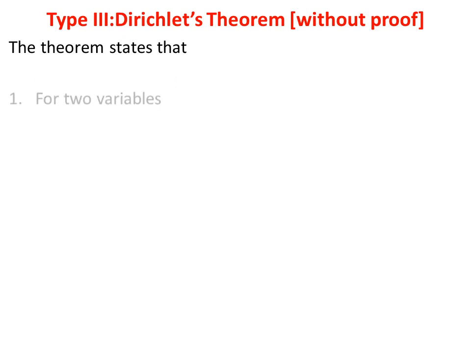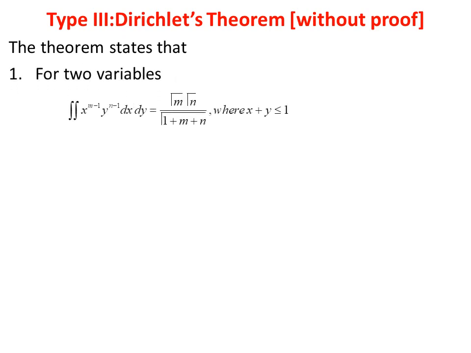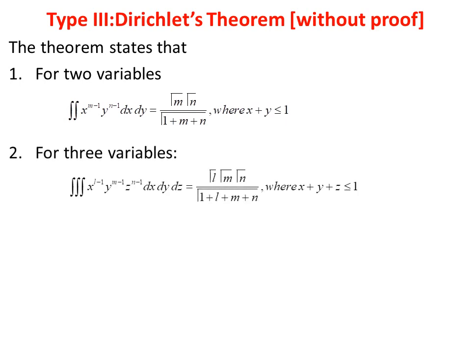The theorem states that for two variables, double integration x raised to m minus 1 y raised to n minus 1 dx dy, we can evaluate directly in terms of gamma function of m into gamma function of n upon gamma function of 1 plus m plus n if x plus y is less than or equal to 1. x plus y should be less than or equal to 1, then only we can note down this evaluation.